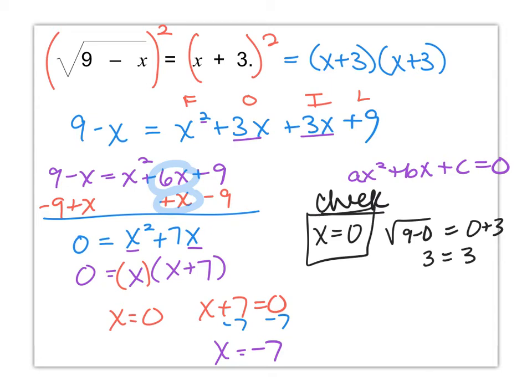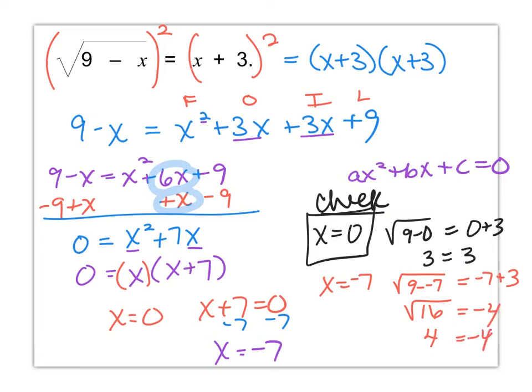Let's check to see if x equals negative 7 is a solution to the radical equation. So on the left side, we get 9 minus x, which is 9 minus negative 7. We want to make sure that that is equal to the right side, x plus 3, or negative 7 plus 3. On the left side, we get the square root of 16, which is 4. And on the right side, we get negative 7 plus 3, which is negative 4.